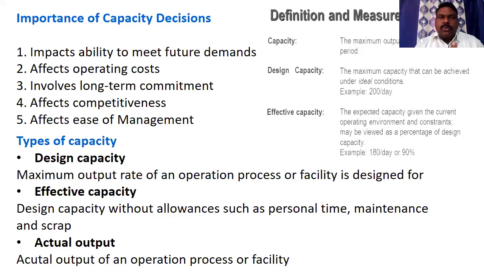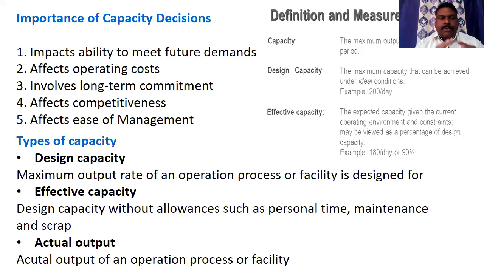We should not make it complex. So we have types of capacities: design capacity, effective capacity, and actual output. Design capacity means the maximum output rate that an operation, process, or facility is designed for.